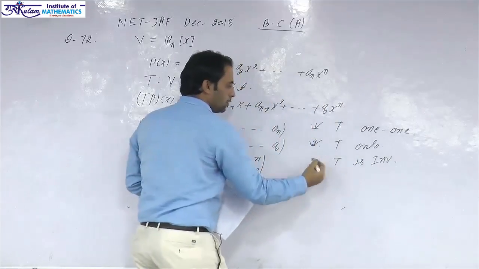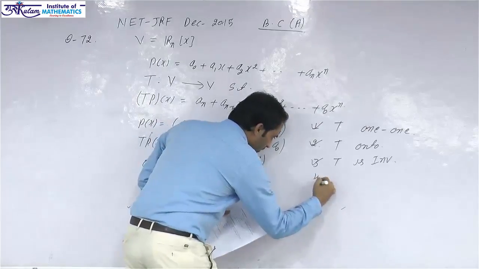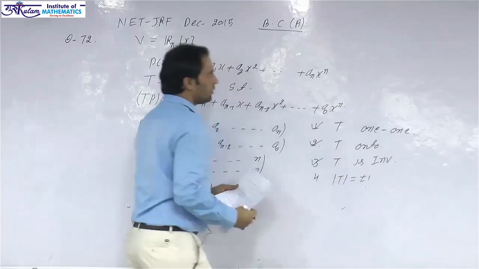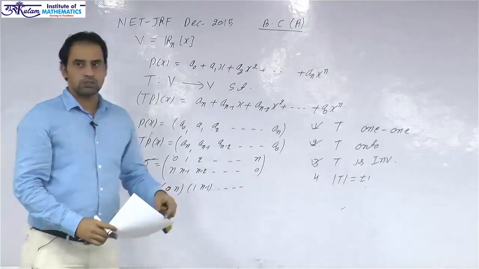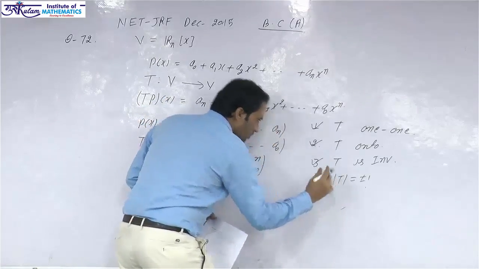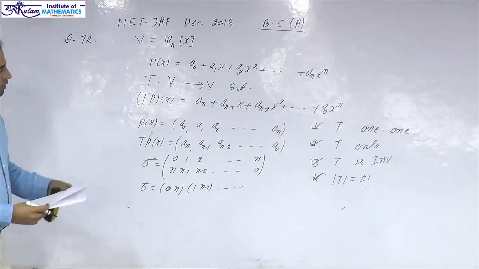Again, a permutation operator is always invertible. And the fourth option is the determinant of T is plus or minus 1, and we know that the determinant of a permutation operator is the signature of the permutation, which is always 1 or minus 1. So the fourth option is also correct. So all 4 are correct.